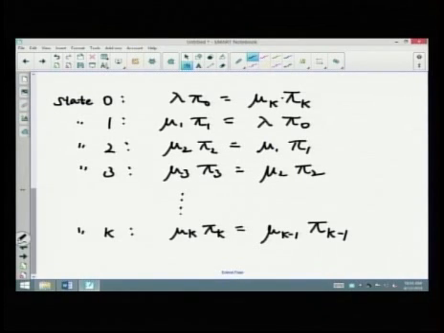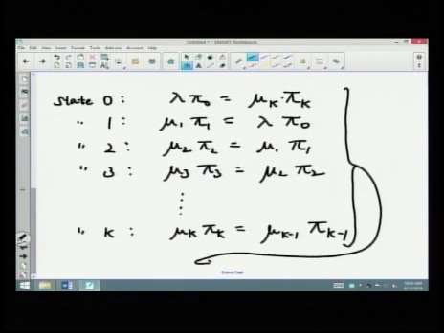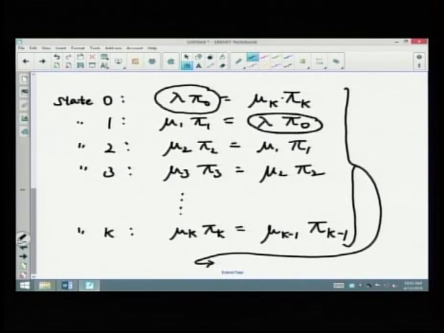So from this, you know that you see this left-hand side is the same as the right-hand side, right?